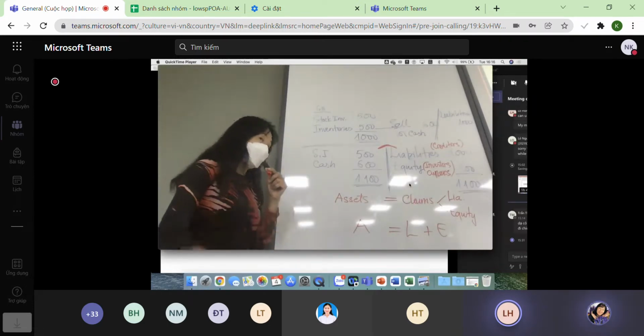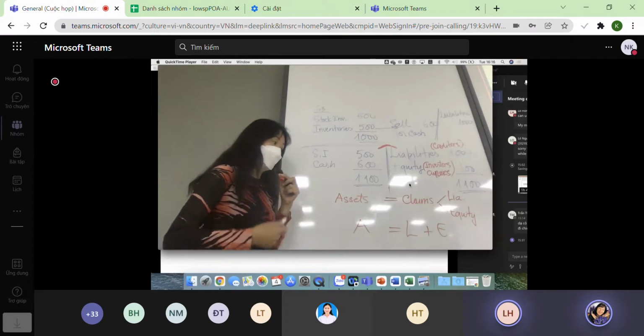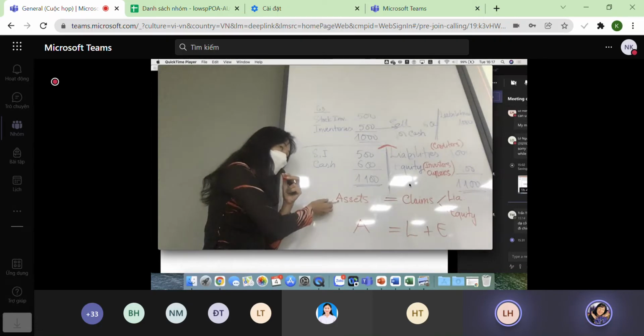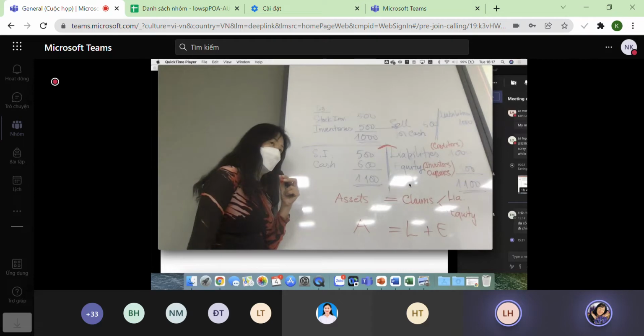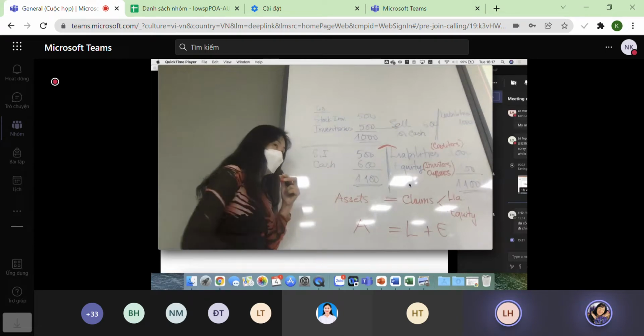So in which way can give more information about the financial position of the company, with two elements or three elements here? Which way can show more about the financial position of the company? Two elements or three elements? Three elements, right? Or three components.